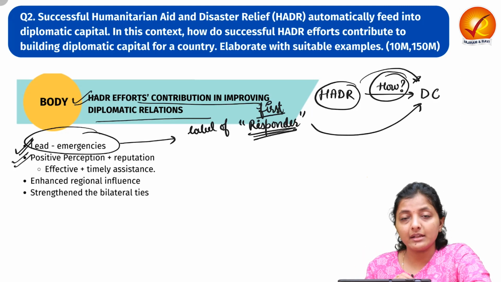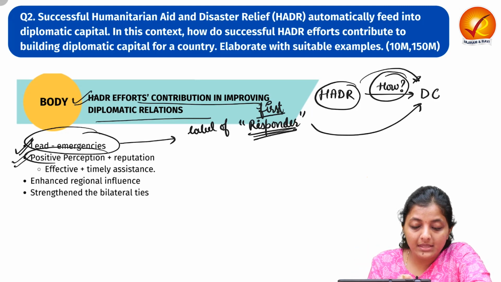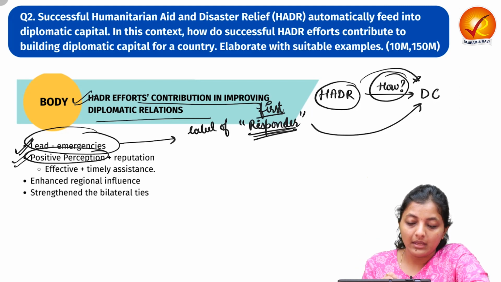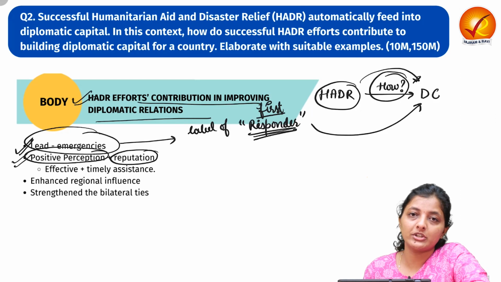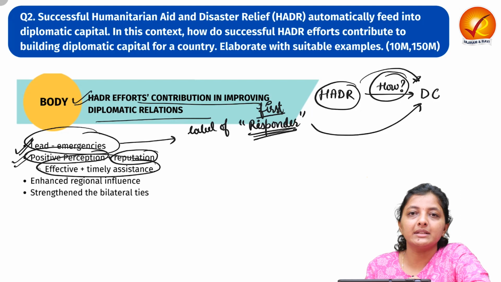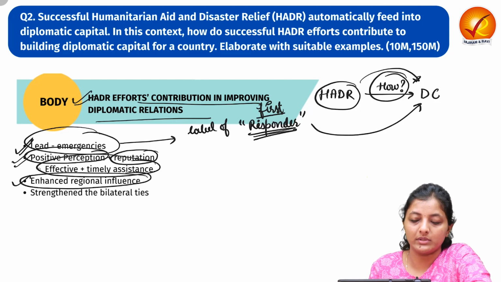Next comes, when any country helps another country in times of disaster, people generate a positive perception of that particular country, and it builds a good reputation among the affected population and in the international community by providing effective and timely assistance. Next comes the enhanced regional influence.